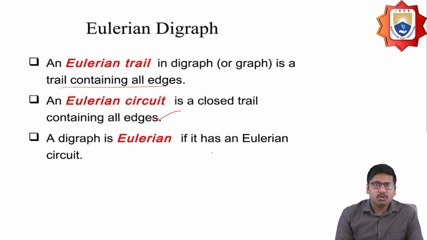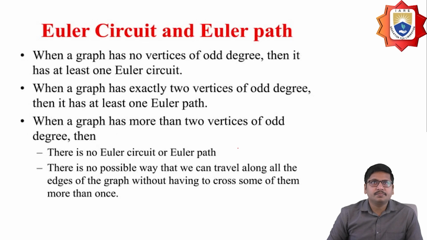A digraph is Eulerian if it has an Euler circuit.